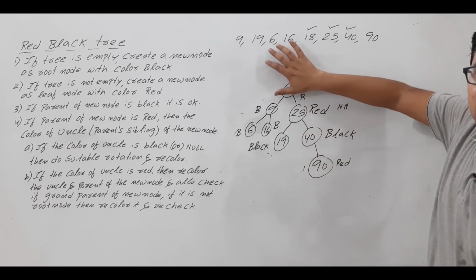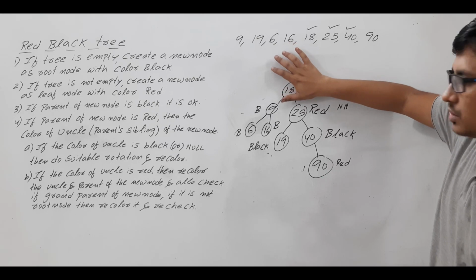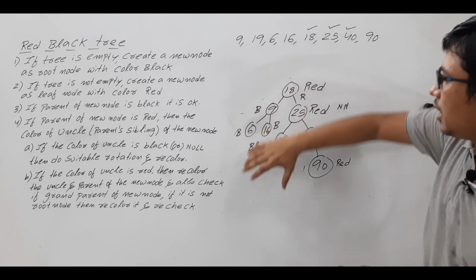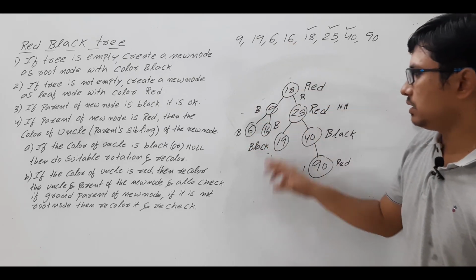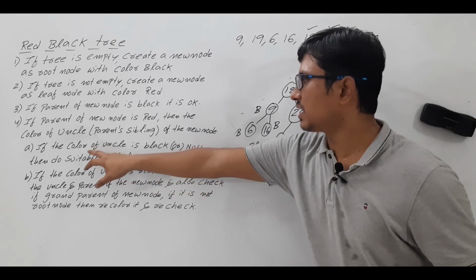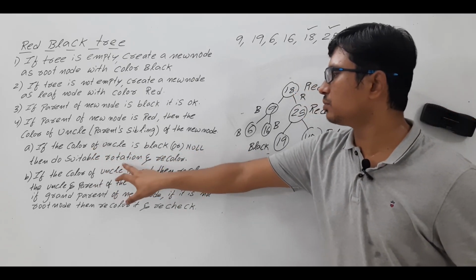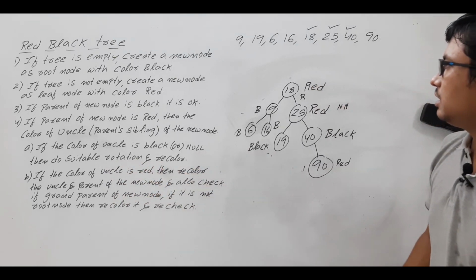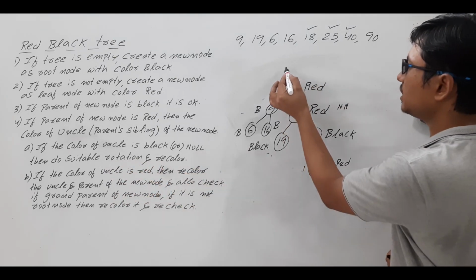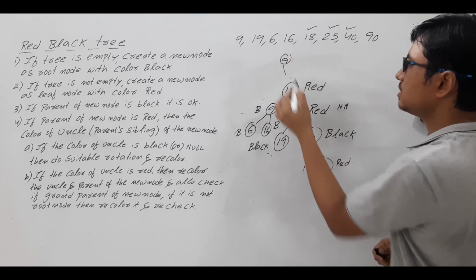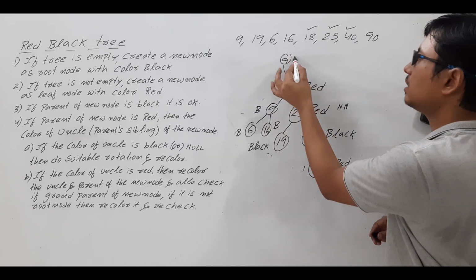Okay. So there is a rotation that needs to be performed, then we have moved to the left. So this is the point. If the color of the uncle is black or null, then do the suitable rotation and recolor it. Previously, what is the node here? 9 is there, which is black.